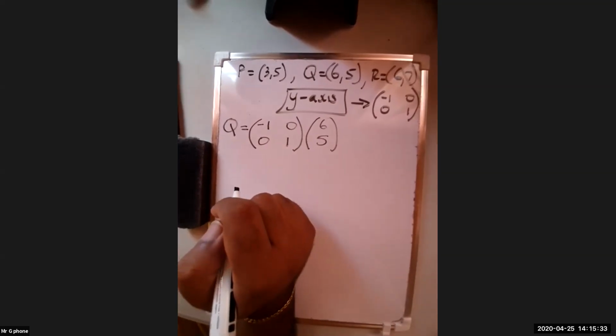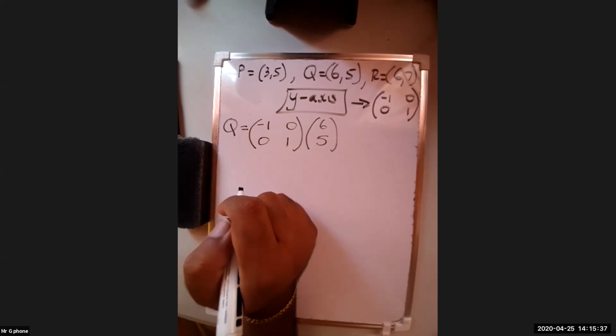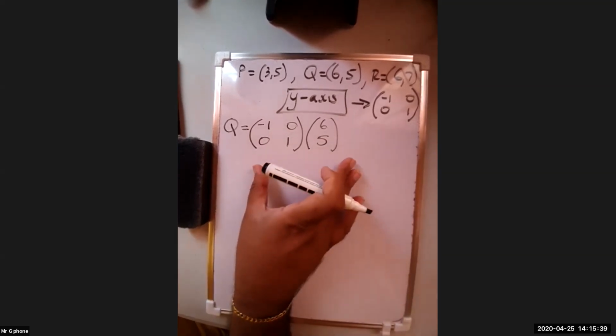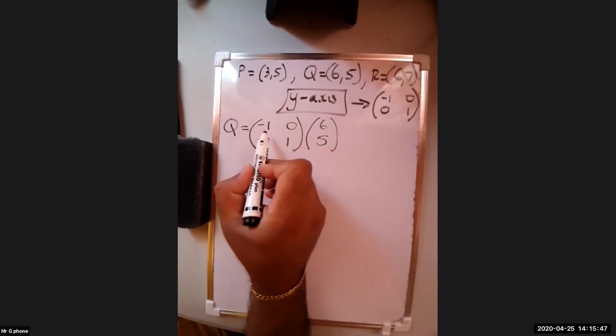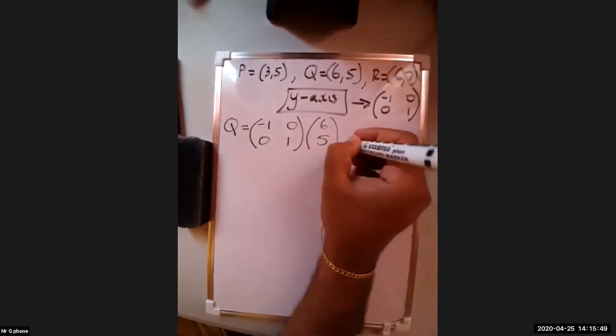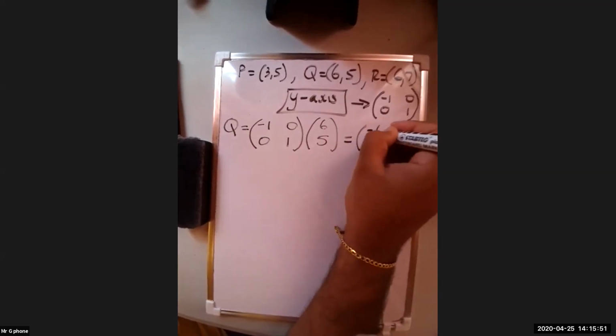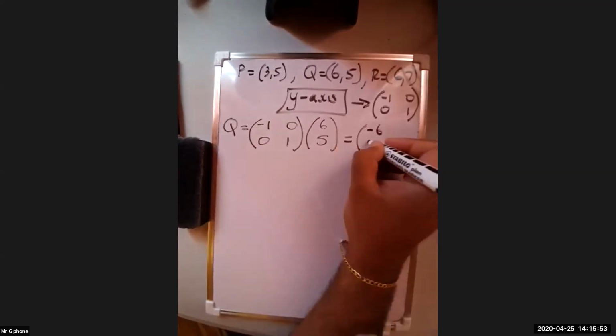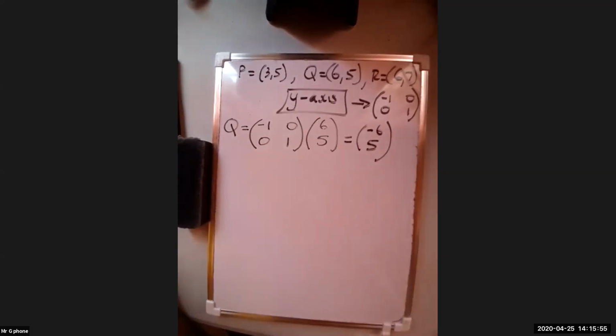How to do this? I don't want to see a shortcut, but it only applies when you're doing matrix transformation, right? Yes, sir. You just multiply negative 1 by 6, you get negative 6, and positive 1 by 5, you get positive 5, and that's the answer right there.